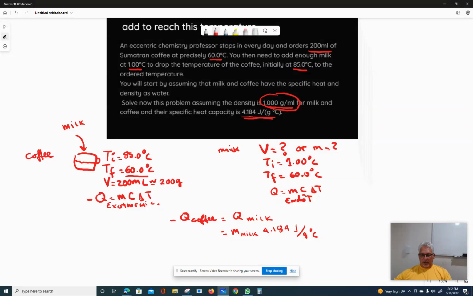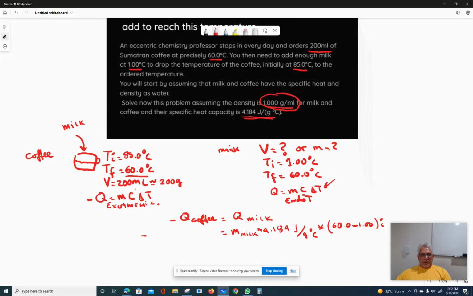I'm using this formula just in case you didn't see why I'm placing the heat capacity here. It is because I'm using this formula, and that will be times also the delta T. Delta T will be the final temperature, let me use parentheses, 60.0 minus 1.0 Celsius. And on the left side, we have a negative sign in front.